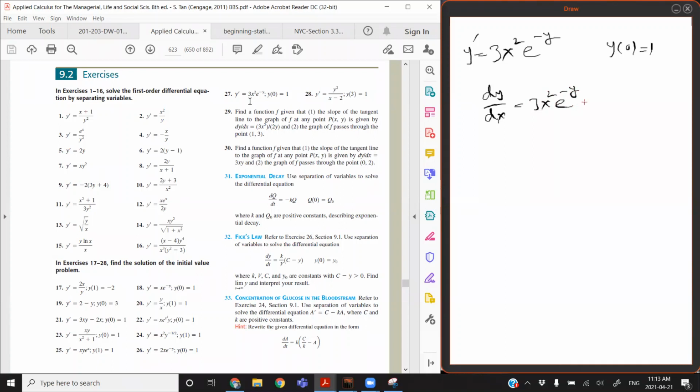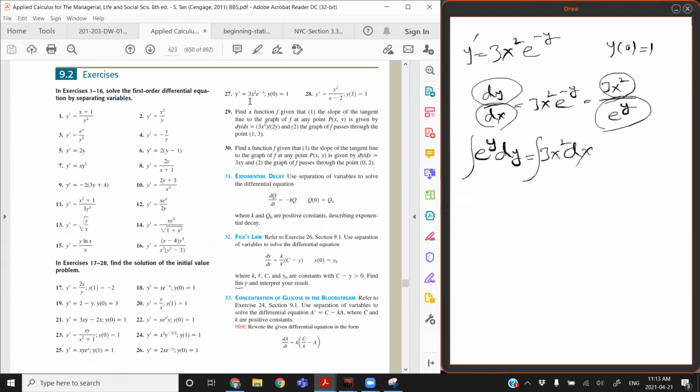I can write this as 3x squared over e to the power of y, just moving e to the negative y to the bottom, and then it becomes e to the y. I can now cross multiply. This times this is equal to this times this. Antiderivative on both sides. I get e to the y is equal to x to the power of 3 plus c.